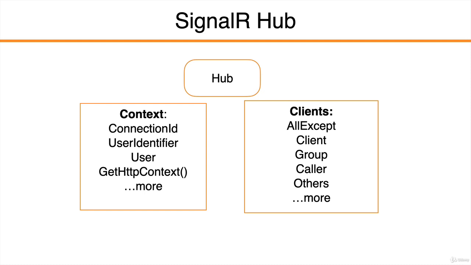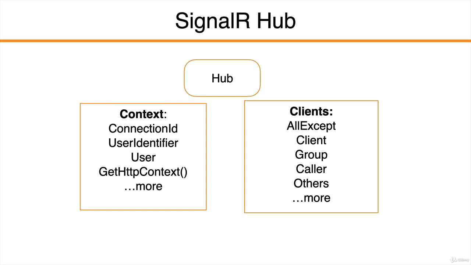Now, these different groups are effectively a collection of users that we can send objects or notifications to when we want to respond to some kind of event that's happening. In our case, if a user has sent up a comment to the SignalR hub, then everybody in that group, and our groups are going to be based on our activity IDs, is going to receive that comment.